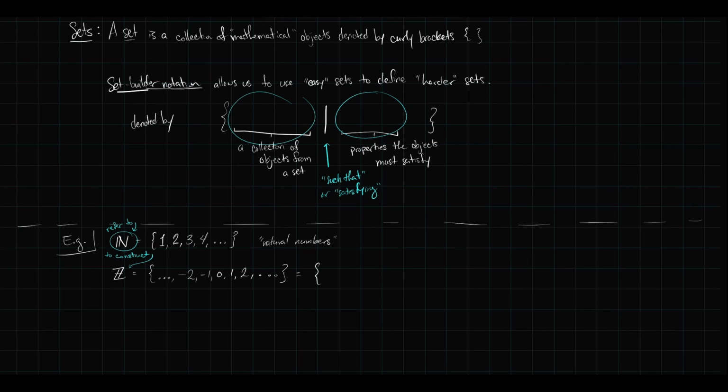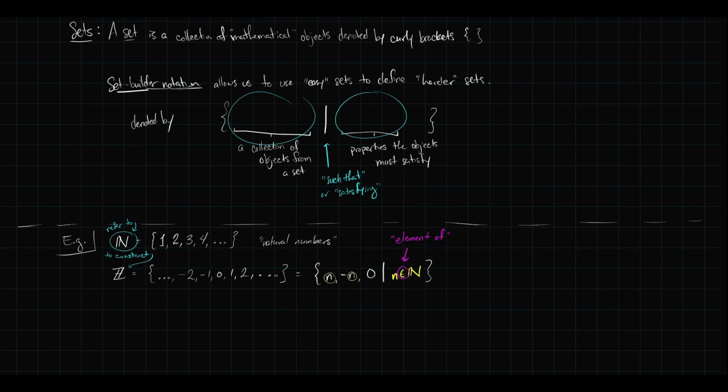So how do I get away with this? I can say I have positive natural numbers, I have negative natural numbers, and I have 0, such that n and n come from the natural numbers. So I've used a new notation here. This is a notation directly read as "element of." It kind of looks like an E, but I usually write it as a C and then place a horizontal stroke in the middle. You read it as "element of" or "belongs to."